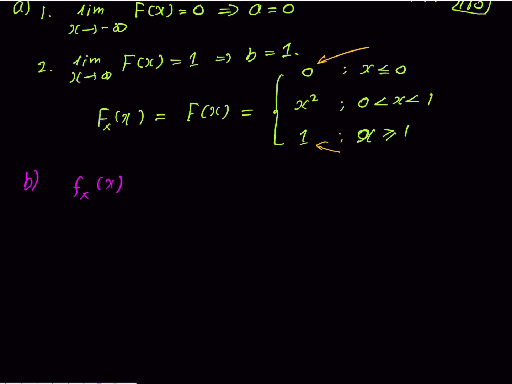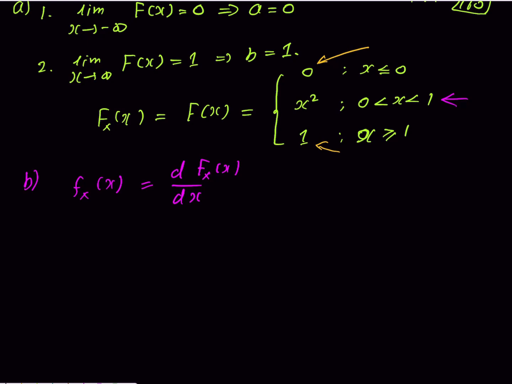So f(x). How do we find f(x)? You know f(x) equals the derivative of F(x) with respect to x. So here we have x squared between 0 and 1. Therefore, what is the derivative of x to power 2? That is 2x, right?